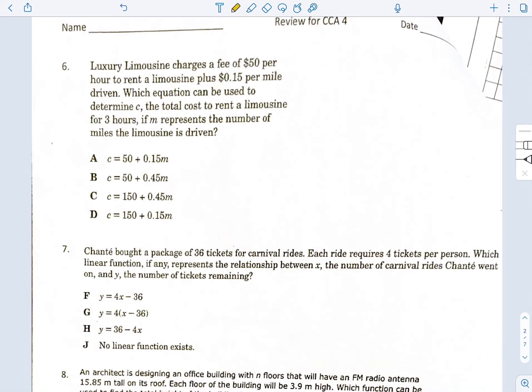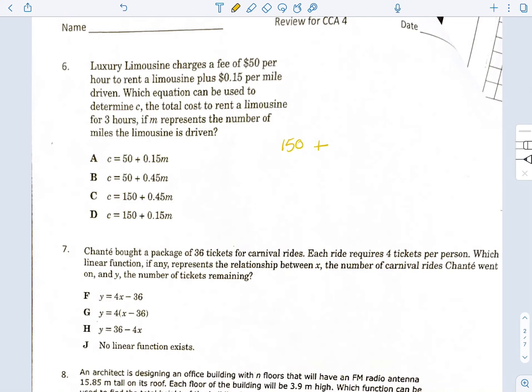Well, first off, look at how it says it charges a fee of $50 per hour. And it told us at the bottom that it's going to rent for 3 hours. So we know off the bat, if you're going to rent for 3 hours and it's $50 an hour, you're going to be paying $150 at least.